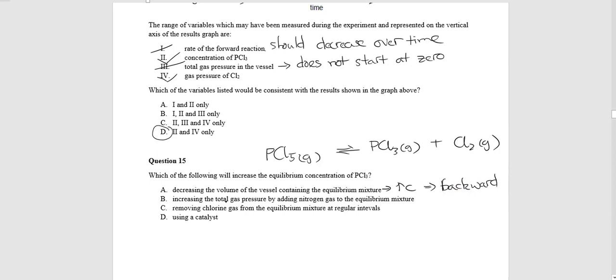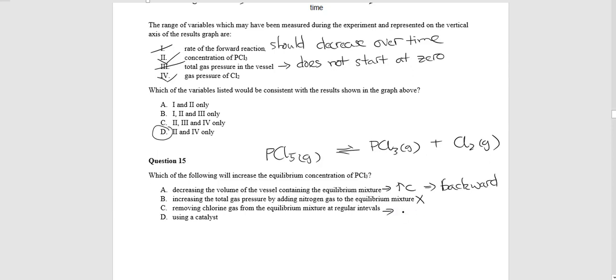B, increase the total gas pressure by adding nitrogen gas to the equilibrium mixture. Now, this is not going to do anything to the equilibrium system because the system doesn't respond to the addition of an inert gas. So PCl3 is not going to change in concentration after this happens. C, removing chlorine gas from the equilibrium mixture.